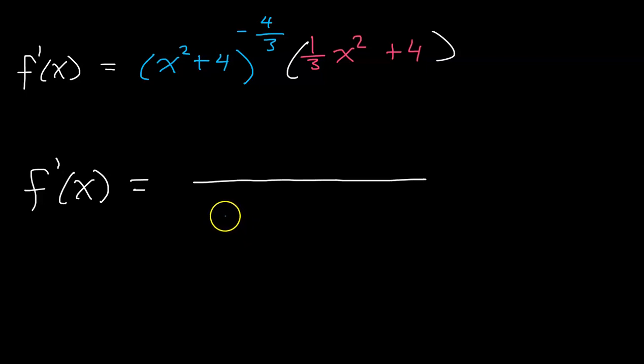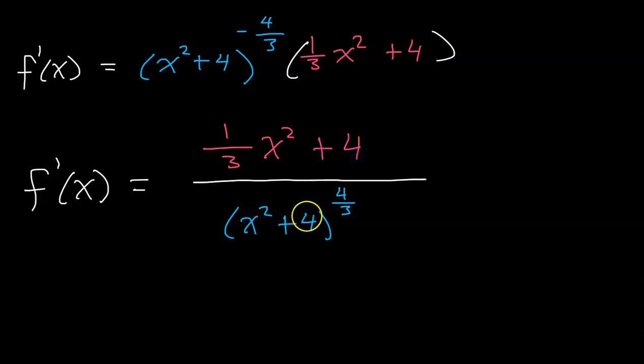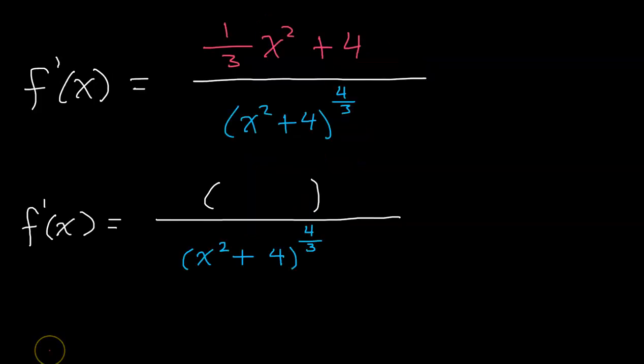All right, we're going to have our x squared plus 4 to the 4/3 power in the denominator, while we have 1/3 x squared plus 4 in the numerator. So there's just one more thing we need to do. Let's take this 1/3 and put it outside of the parentheses as a common factor.